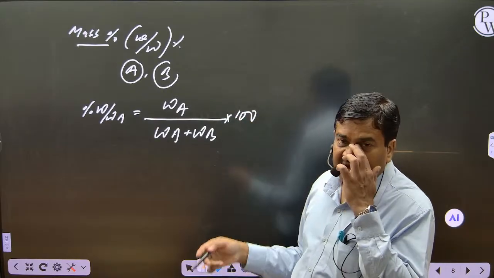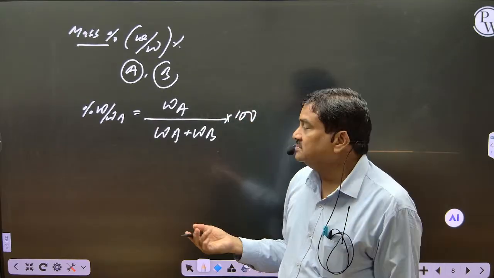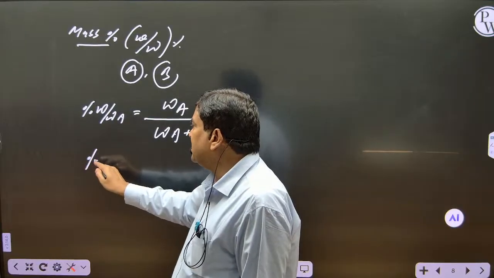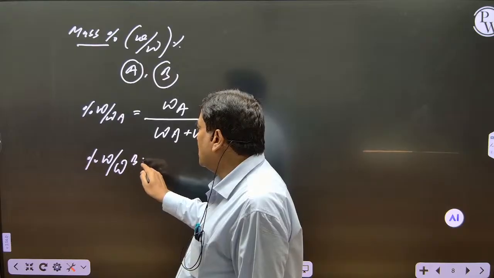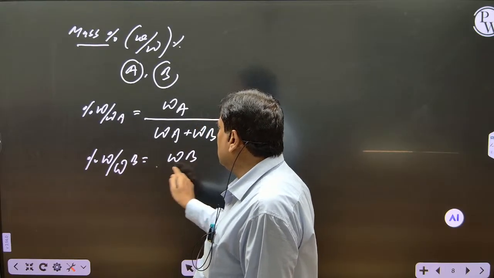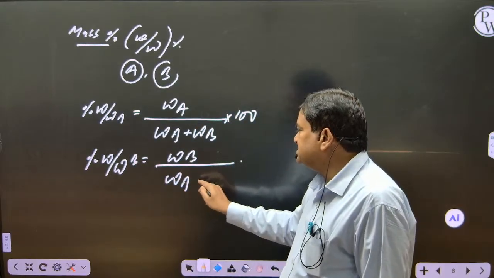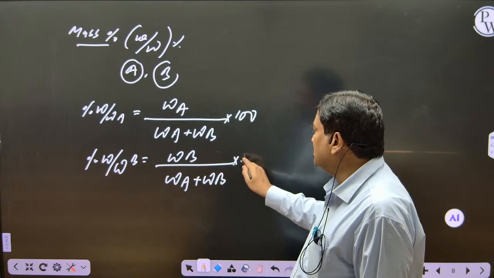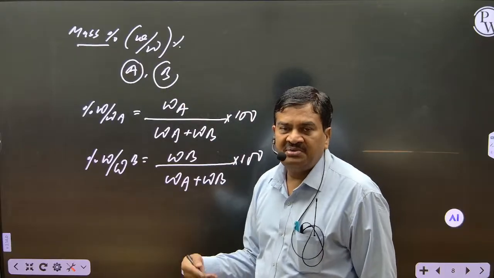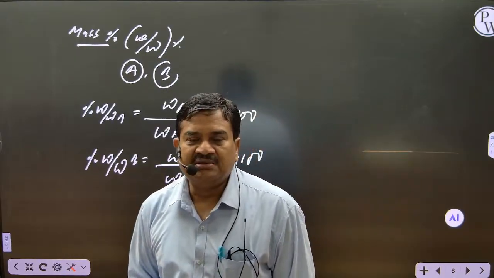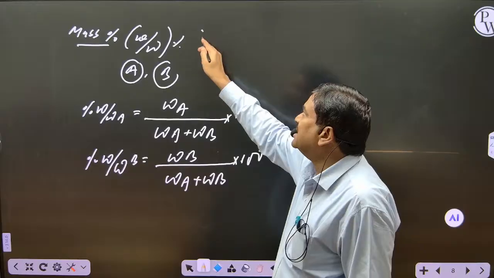In the same way, if I want the mass percentage of B, it will be mass of B by mass of A plus mass of B, into 100. So what we define is the amount of solute present in 100 grams of solution. What is the definition of mass percentage?